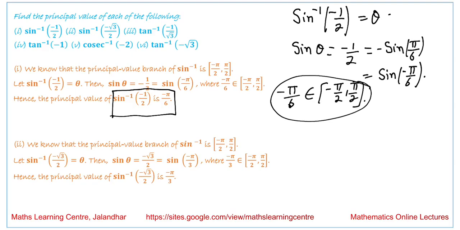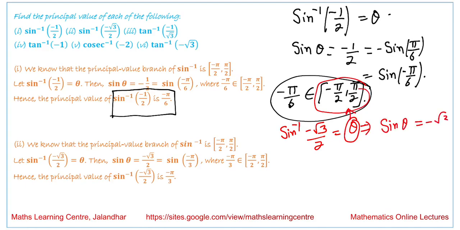Next, we have to calculate the value for sine inverse of minus square root 3 by 2. Suppose this value is equal to theta, and theta should lie in the interval from minus pi by 2 to pi by 2. So sine theta should be equal to minus root 3 by 2.